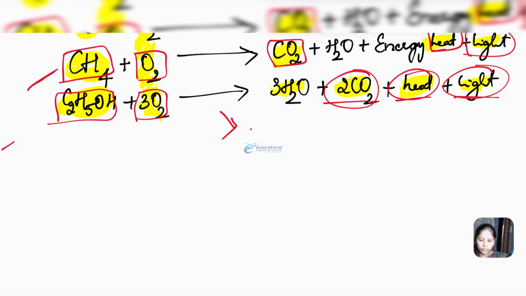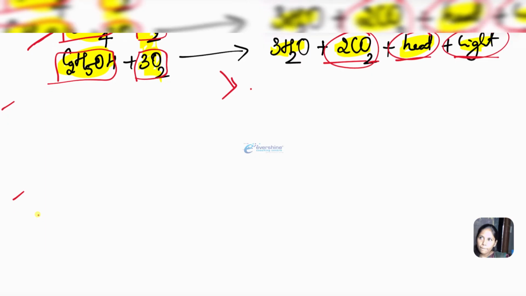Okay. Second property, we will move to oxidation. What do you mean by oxidation? Oxidation means addition of oxygen.